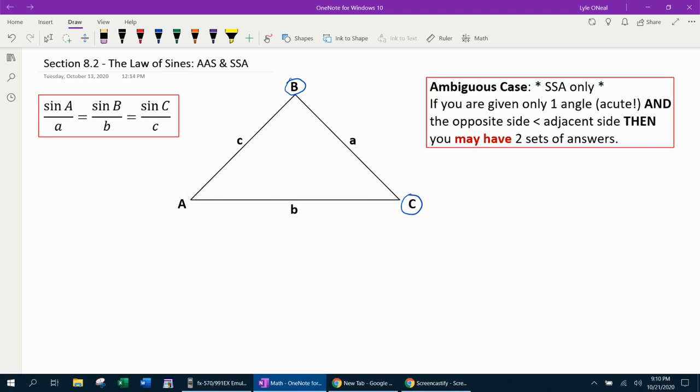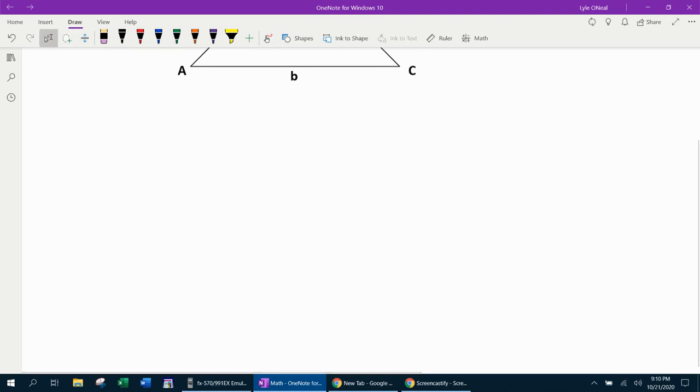So now that we've talked a little bit about what the formula is and how it sets up, we need to talk about how it works. What would an example look like? Well, let's start with our first example. We're going to have a triangle where we have three angles.